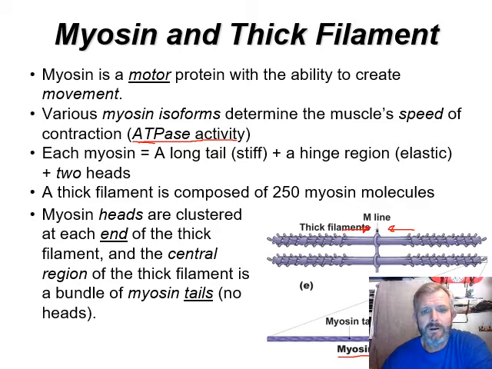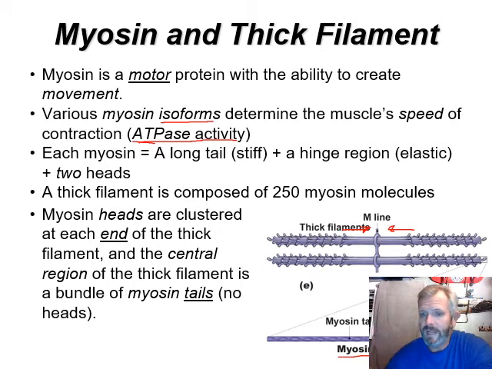There are different forms, isoforms, of ATPase activity, and that comes into play when we have fast twitch and slow twitch, and this one is more like a medium twitch in between the two. These different isoforms of ATPase give us the speed at which we can move that head.